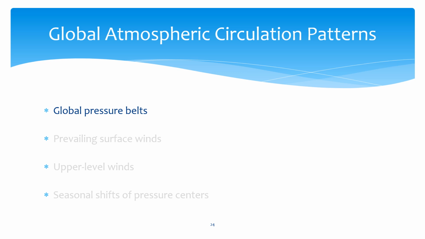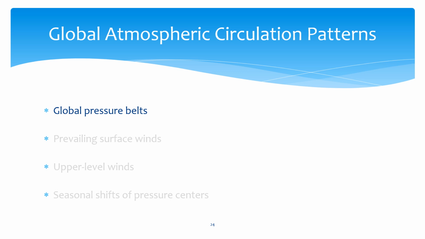So now that we are pretty solid on that background, we can move forward with global atmospheric circulation patterns, starting with global pressure belts. Global pressure systems are very large-scale atmospheric patterns of high and low pressure that influence climate and weather. These are not just your local highs and lows that will bring in storms or give you some nice weather.